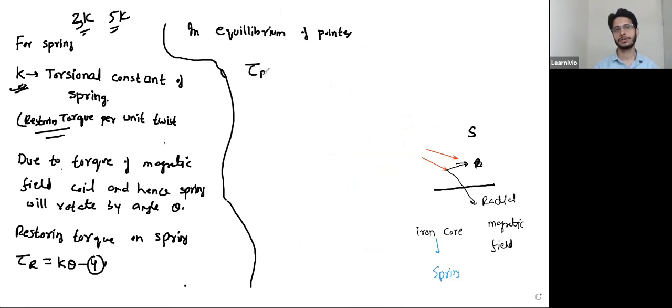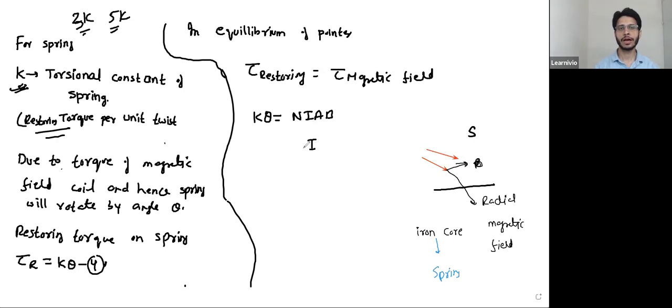Restoring torque is equal to torque due to magnetic field. How much is your restoring torque? It's K theta. Torque due to magnetic field is NIAB.